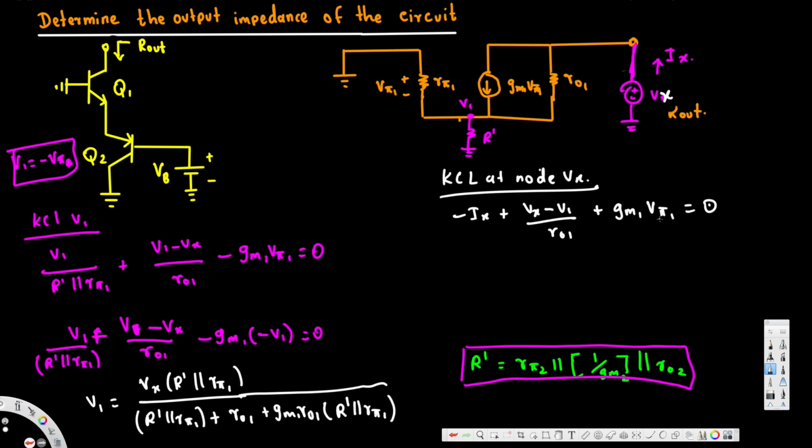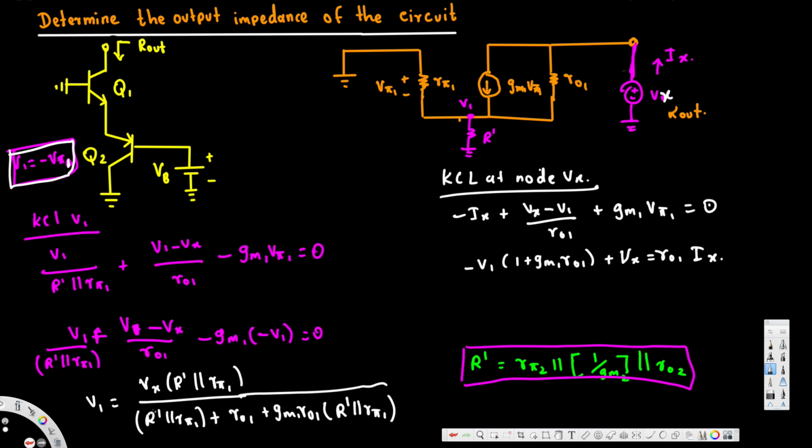Here all we have to do is substitute and rearrange. If we simplify this in terms of V1, and replace this Vπ1 with negative V1 as we mentioned, we will finally end up with negative V1 times 1 plus gm1 RO1, plus Vx is equal to RO1 Ix.